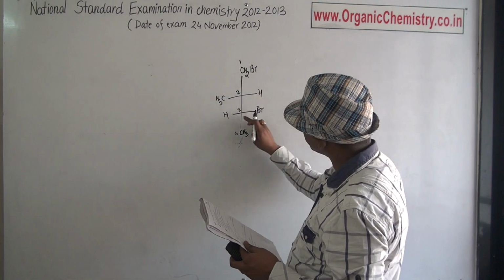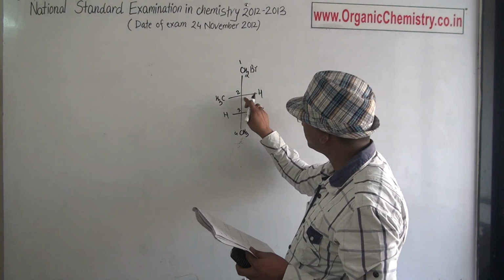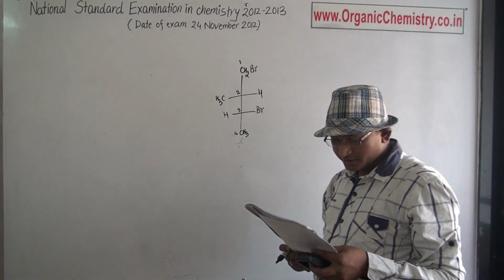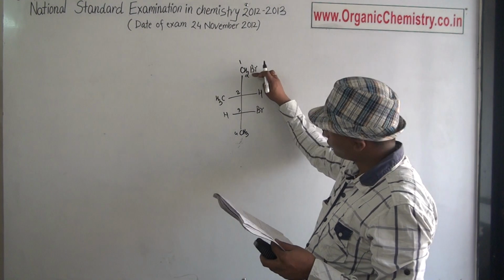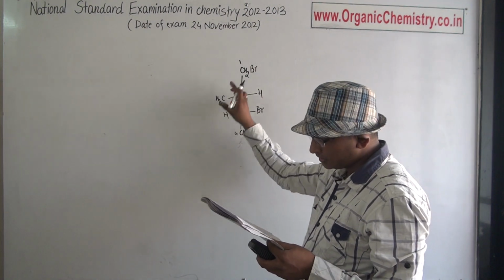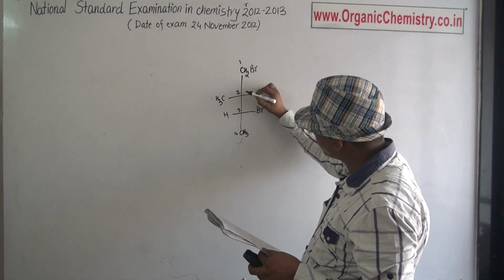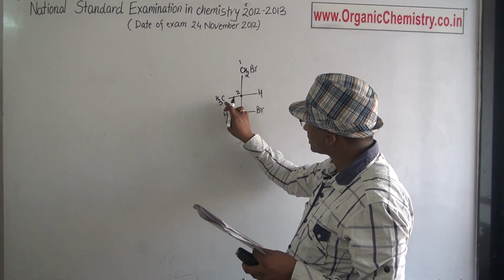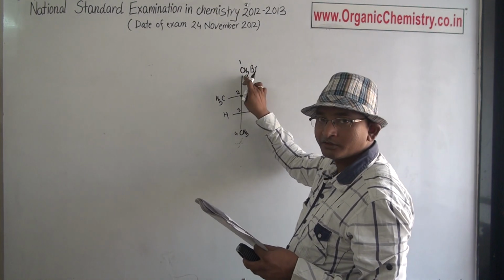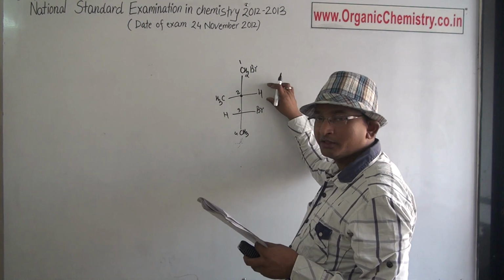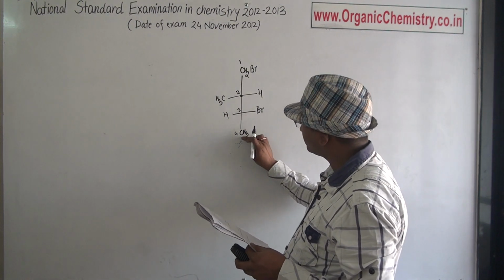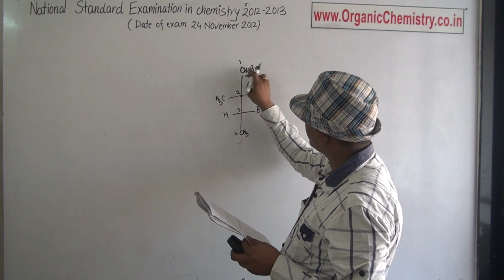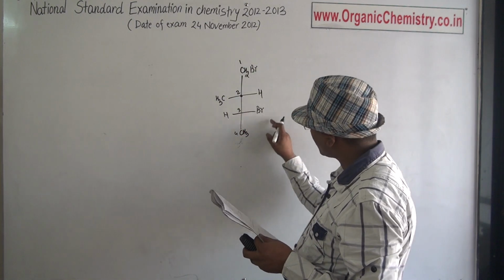So look at the RS nomenclature over the second carbon. This is hydrogen, this is carbon, this is carbon, this is carbon. So hydrogen has the last priority. This carbon is attached to bromine and carbon, but this one is attached to hydrogen, hydrogen and hydrogen. Here it is hydrogen, hydrogen and bromine. So this one has the highest priority.